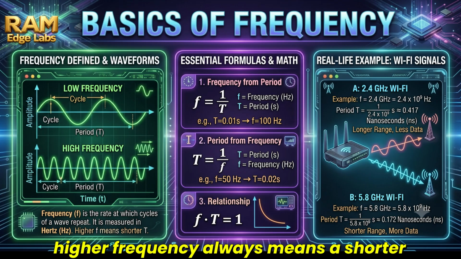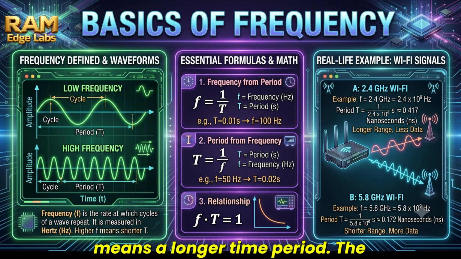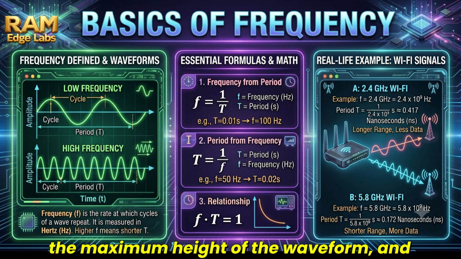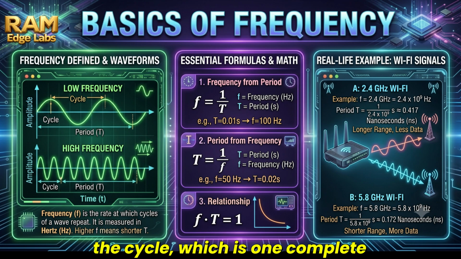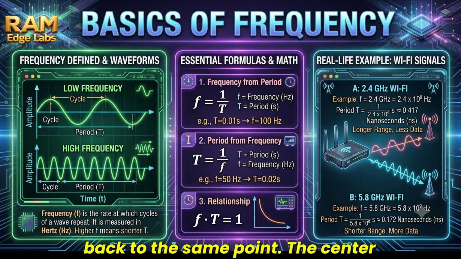Therefore, a higher frequency always means a shorter time period, while a lower frequency means a longer time period. The graph also labels the amplitude, which is the maximum height of the waveform, and the cycle, which is one complete repetition of the wave from one point back to the same point.